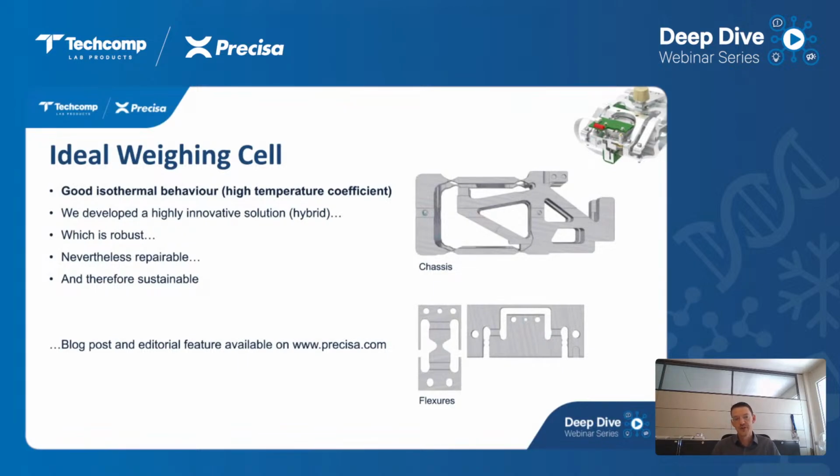These flexures usually face the most stress of the entire weighing cell. In case such a flexure breaks, the weighing cell does not have to be disposed of, but you can repair the weighing cell just by replacing the flexures which are affected.